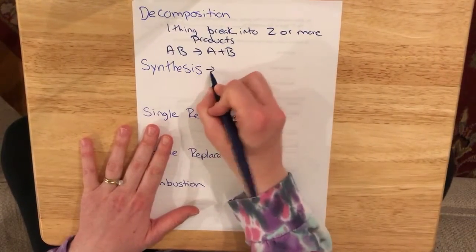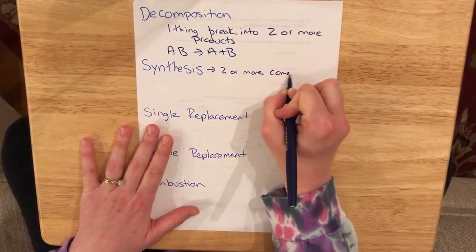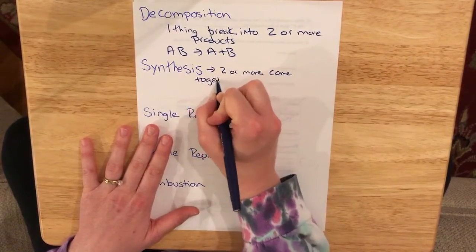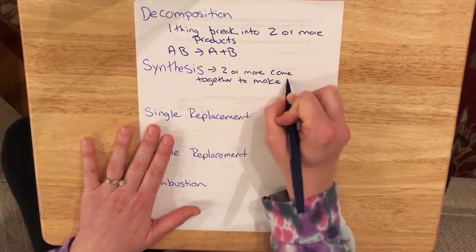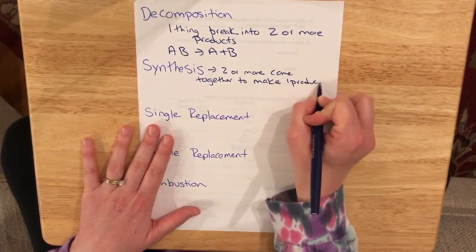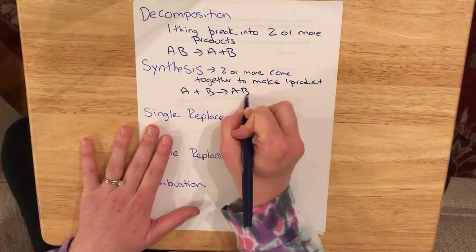Synthesis means you have two or more come together to make one product. So you had A plus B gave you AB.